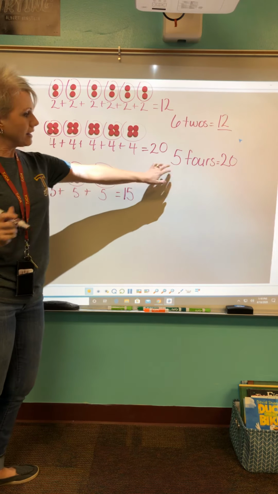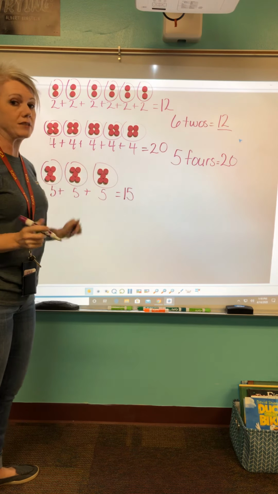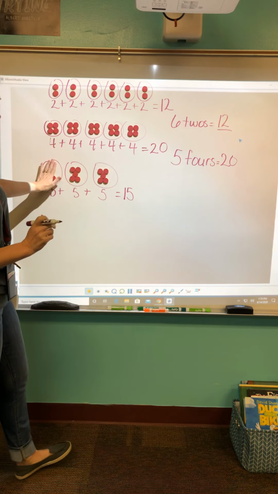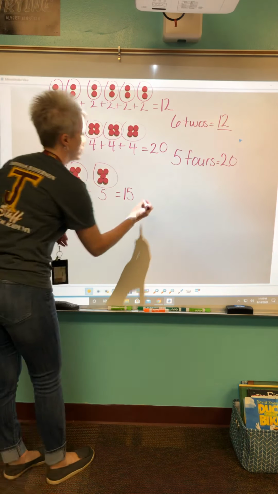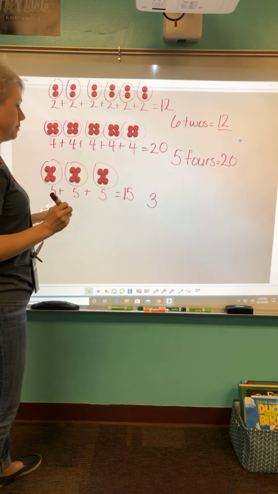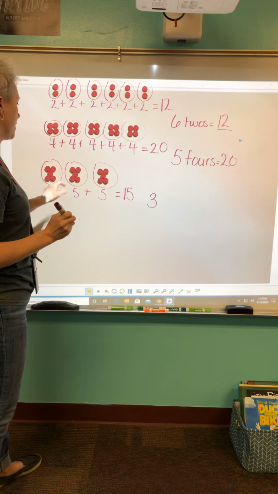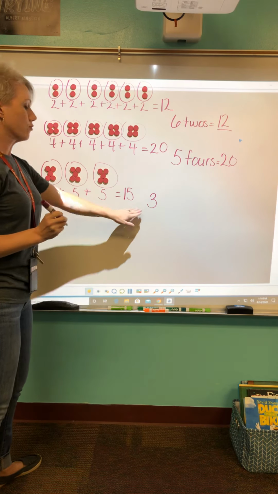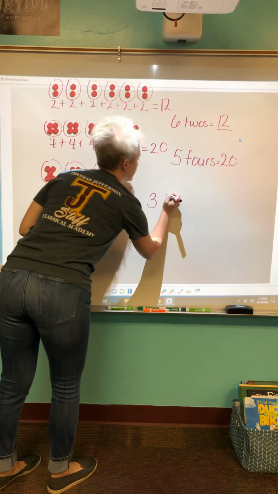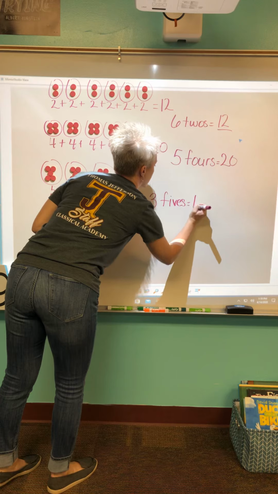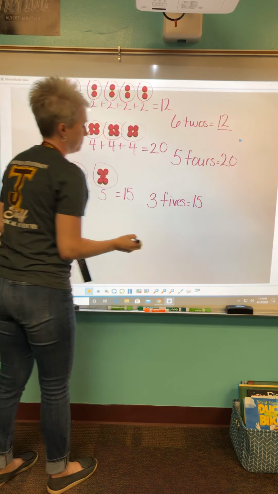Now, to write it this way, my first number is my number of groups. How many groups do I have? 1, 2, 3. I have 3 groups, so 3. How many is in each group? 5. So 3 5s equals 15.